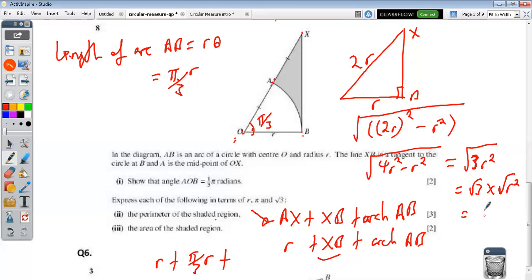So that gives you root 3 r. So this is plus root 3 r. Because they're saying express the perimeter in terms of root 3, pi and r there. Okay, just hold on, guys.